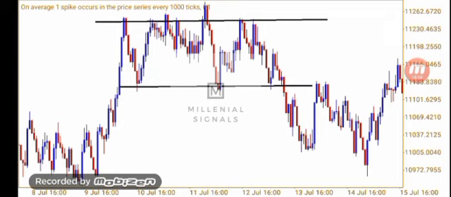Also, if once it touches that level and makes a small rejection before coming back down again to test that level, then you should know the level is likely to break, because it means the traders in the market do not have the momentum to push back the price from that level, and so the sellers have more control here. In this case, they have more selling momentum, and that is why price broke out from that level. So I hope you understand.